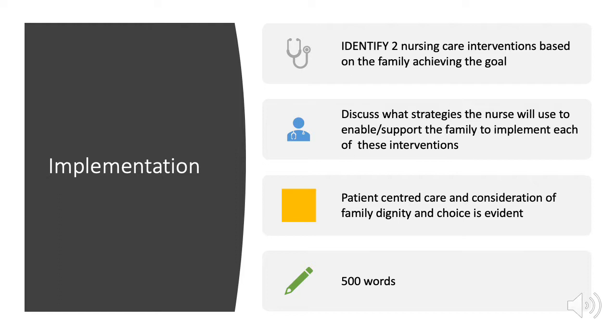And this is 500 words, so it's a big chunk of your assignment. It's worth 20 marks. So it's really important what strategies you are going to use to enable the family to implement each of the 2 nursing care interventions that you have identified.